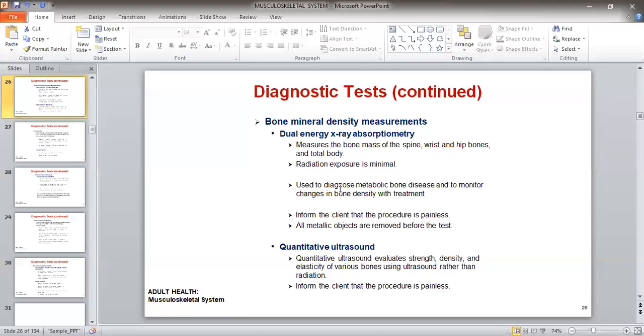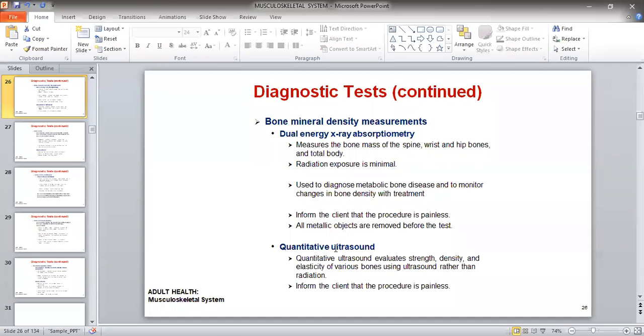Right? So some of the bone mineral disorders are genetic or hereditary, like hypophosphatemia. Hypophosphatemia may cause a metabolic bone disorder like osteomalacia. So again, in the disorder section, we will talk about all of these diseases.